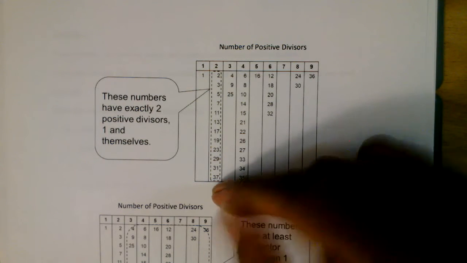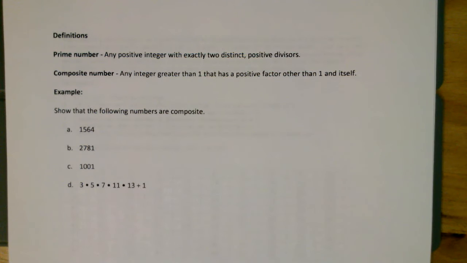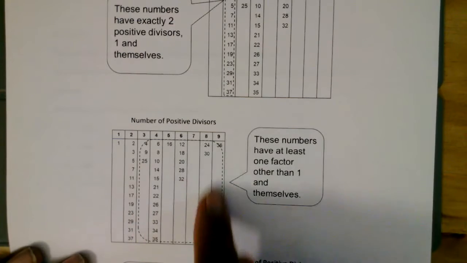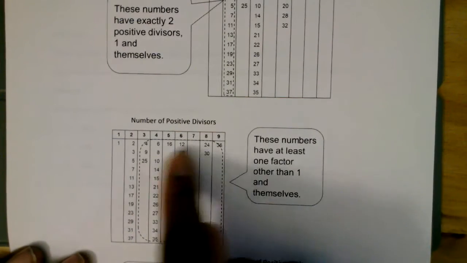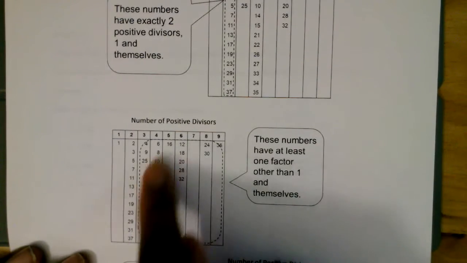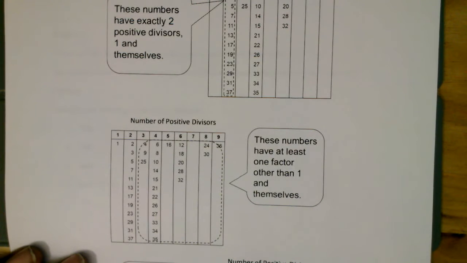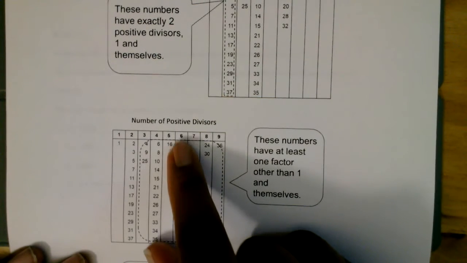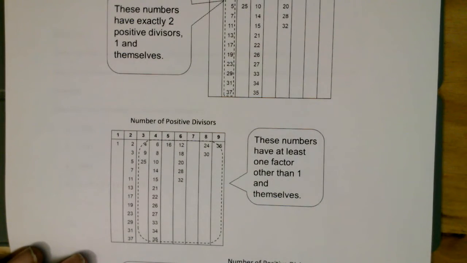And composite numbers are any integer greater than 1 that has a positive factor other than 1 and itself. So these have more than 2 positive divisors. Like the number 18 has 6 positive divisors: 1, 2, 3, 6, 9, and 18.